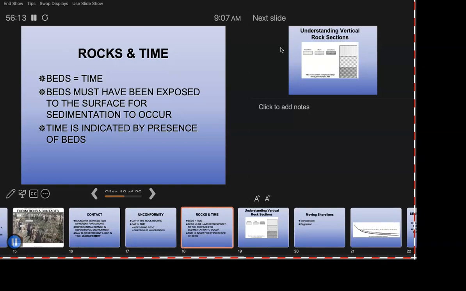So, like I said, rocks equal time. All right? The beds, equal time. And if you think about it, the beds were exposed to the surface for sedimentation to occur.